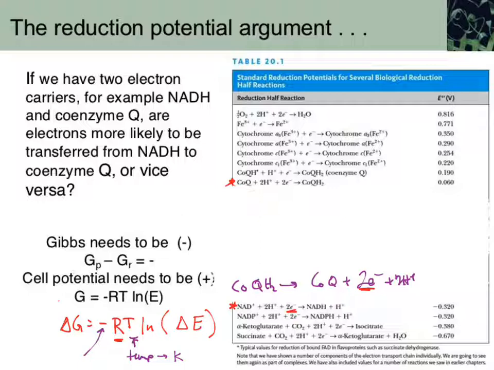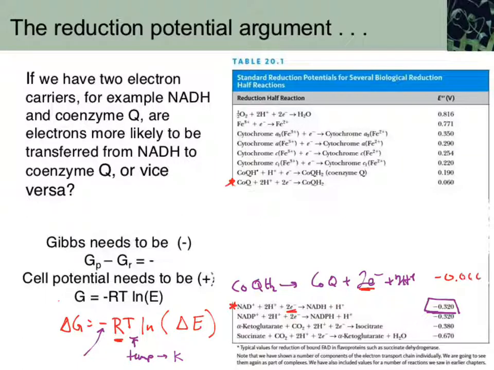For it to be a functioning reaction, we have to evaluate the cell potential. The cell potential needs to be positive. Well, NAD+ I did not flip, so its cell potential stays the same. But I did flip CoQ, so CoQ's cell potential needs to become negative, just like if it was an energy.